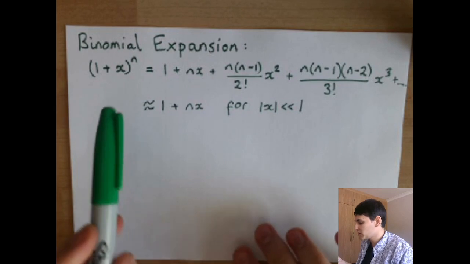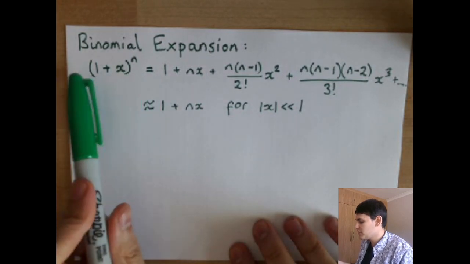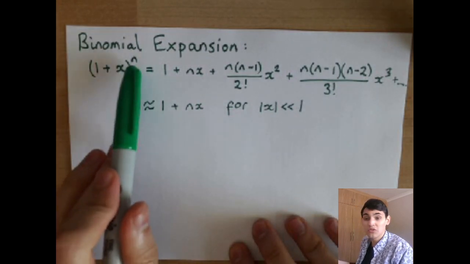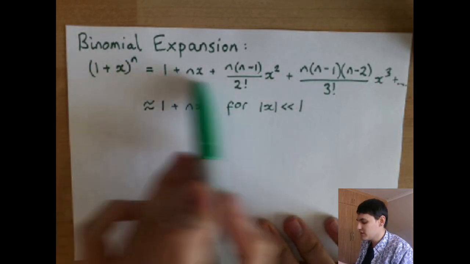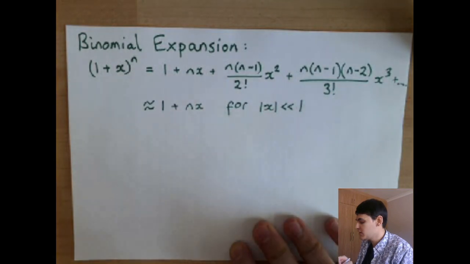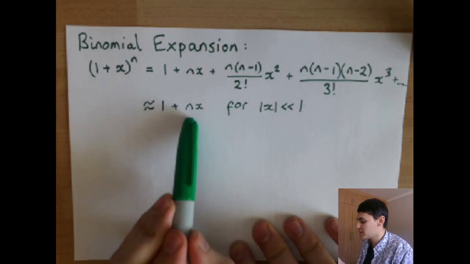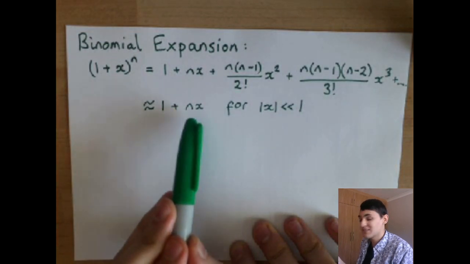What it says is that if you've got 1 plus x all to the power of n, then that can be expanded into this. But if x is really, really small, as in very close to zero, not exactly zero, but very close, then this can be approximated to 1 plus nx.